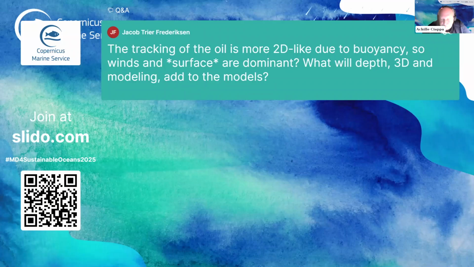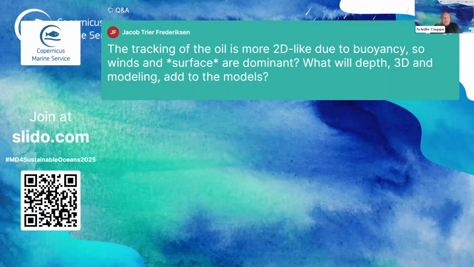In my opinion, the best use of this oil trajectory analysis is to understand from where oil spills are dangerous. This is the classic question at the beginning of this study.